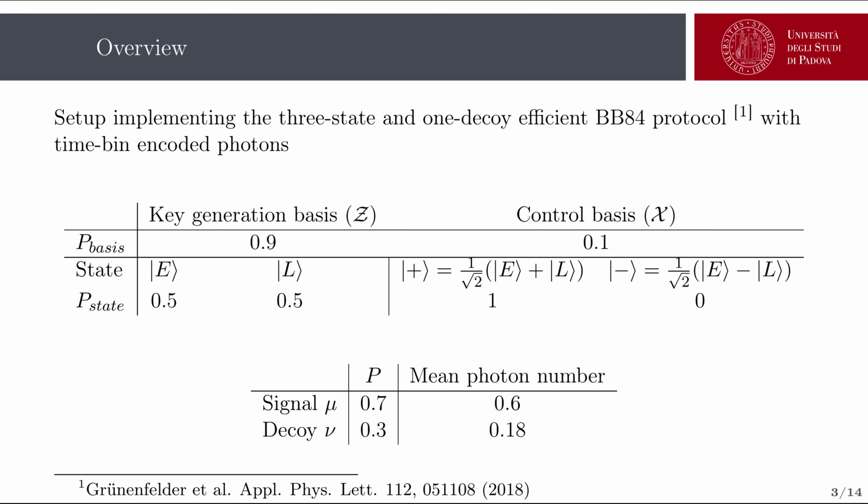Instead, the control basis is chosen 10% of the time, and only one of the two states is used. The decoy state method is implemented by varying the mean photon number of the output between two values, with a higher value sent for 70% of the time and a lower level sent for 13% of the time.